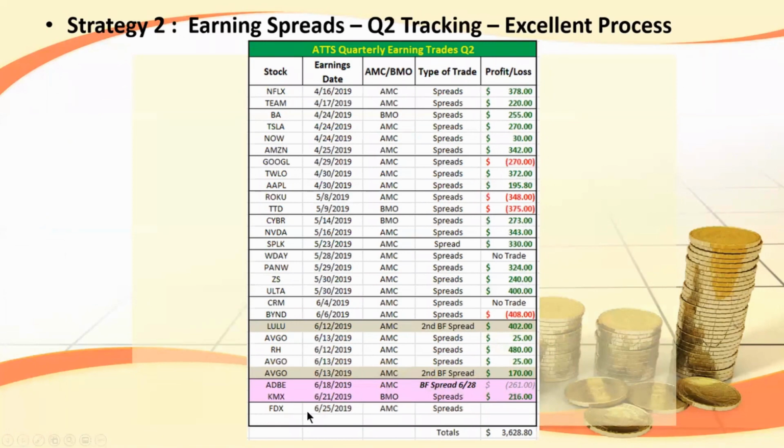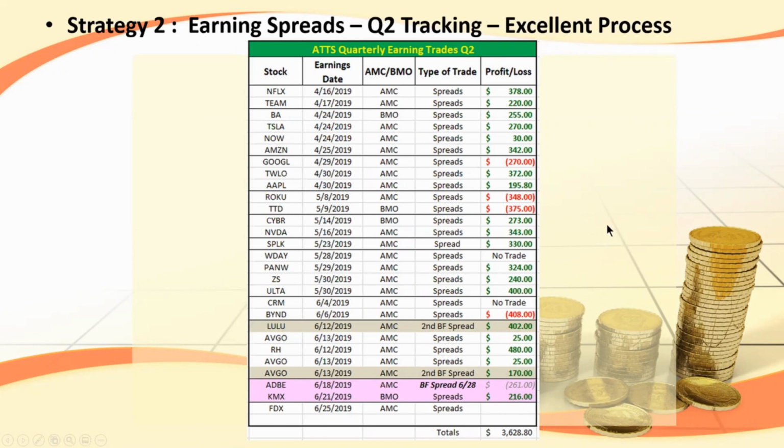This week we'll have about a week and a half to go until we regenerate earning trades, starting with Netflix on July 17th. And then we'll run through these again. This trade, utilizing either an iron condor type spread or we started using some butterfly spreads, has been working exceptionally well for us.